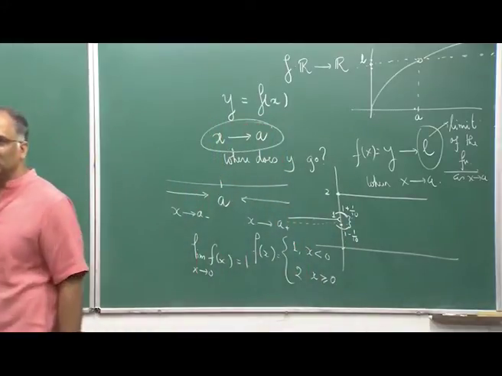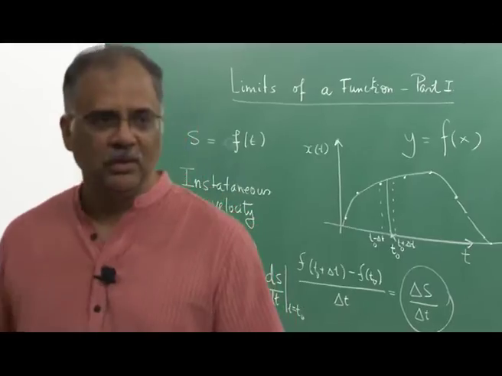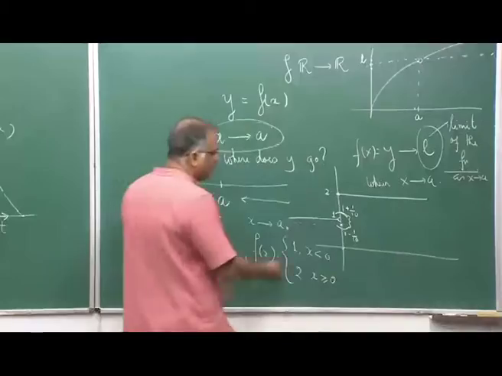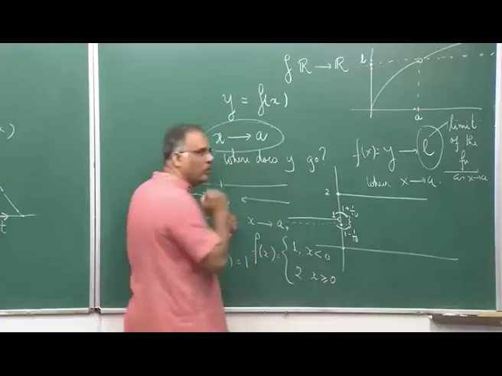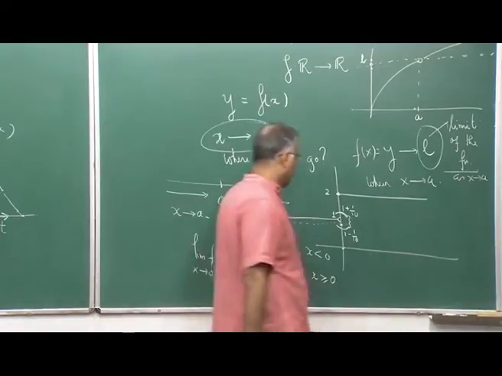There is no corresponding x, because the function takes only the value 1 or 2. You might say, okay fine, this is a very stupid thing to do, to take a value near 1, because the function does not take the value 1.